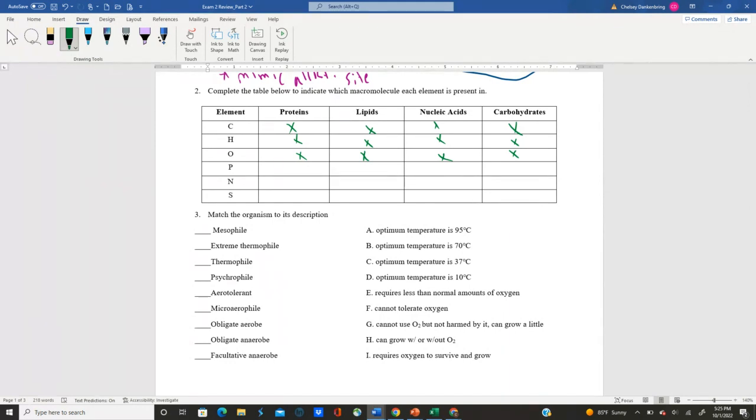Great. So those are easy, okay? And if you think back to your chemistry days, carbon and hydrogen pretty much always go together anyways, right? You can think of them like besties. There's tons of carbon-hydrogen bonds.